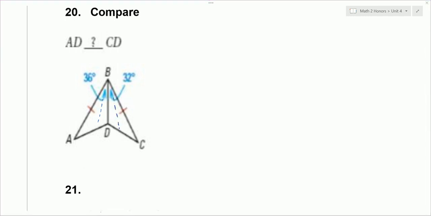A fact that we need to know is if we have two sides that are congruent, in this case we do, we have AB congruent to BC, and we have BD congruent to itself. It's shared between the triangles. Then the angle in between those two congruent sides, we can compare. In this case, 36 is larger than 32, which indicates that AD is going to be larger than DC. So that is our answer.